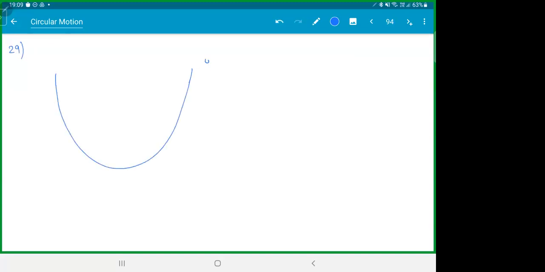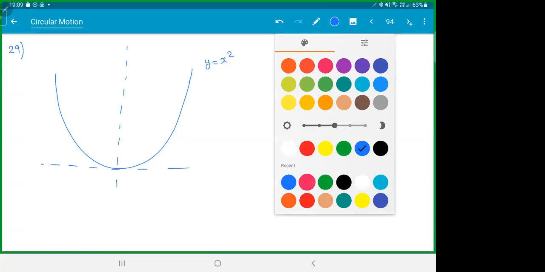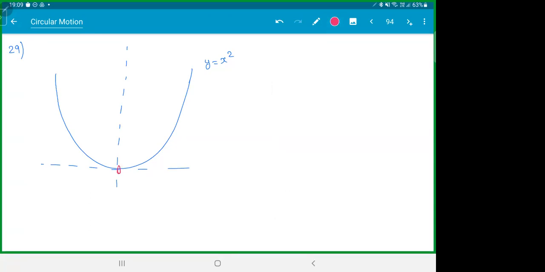So we have a parabola here, y is equal to x square. We have a small bead here, which can slide on the parabola.